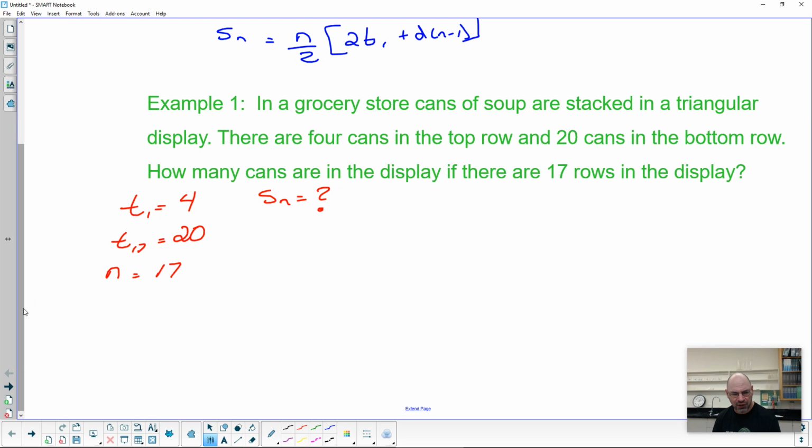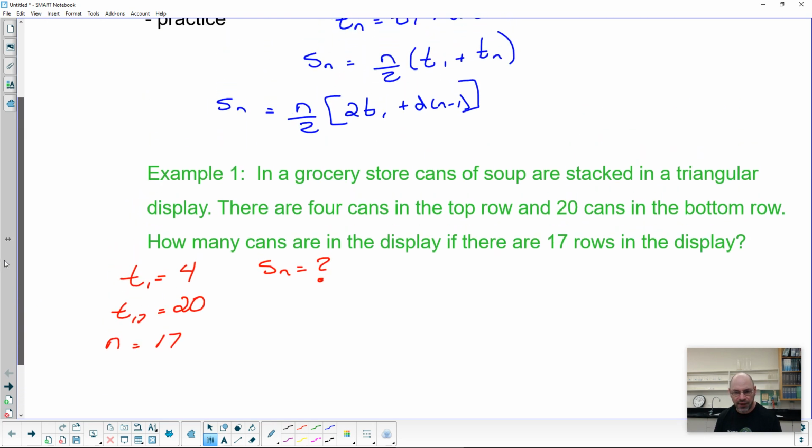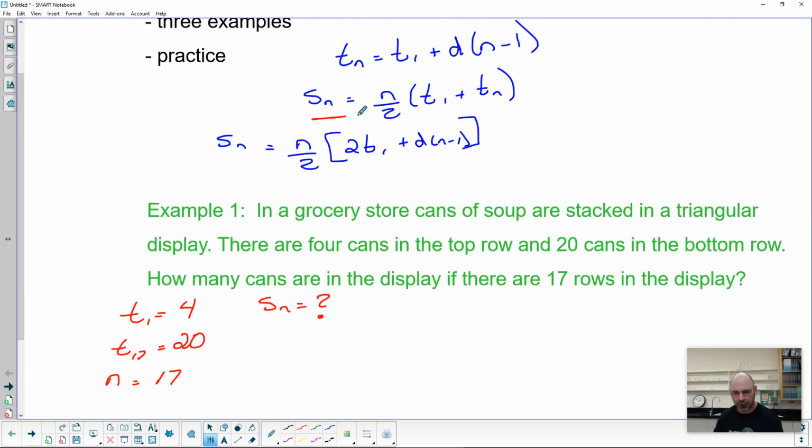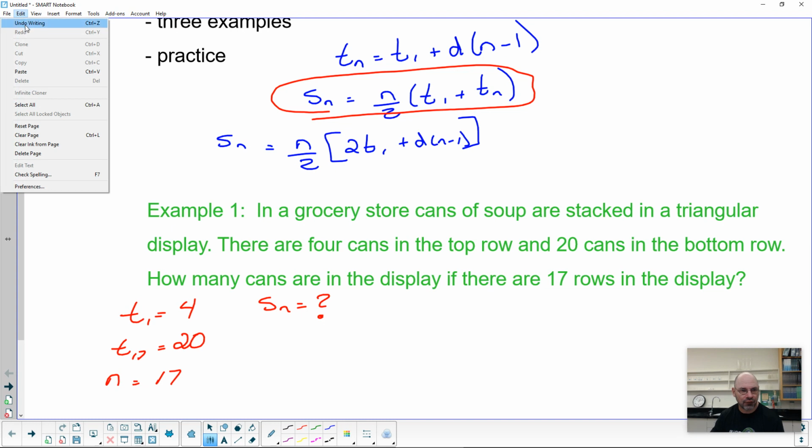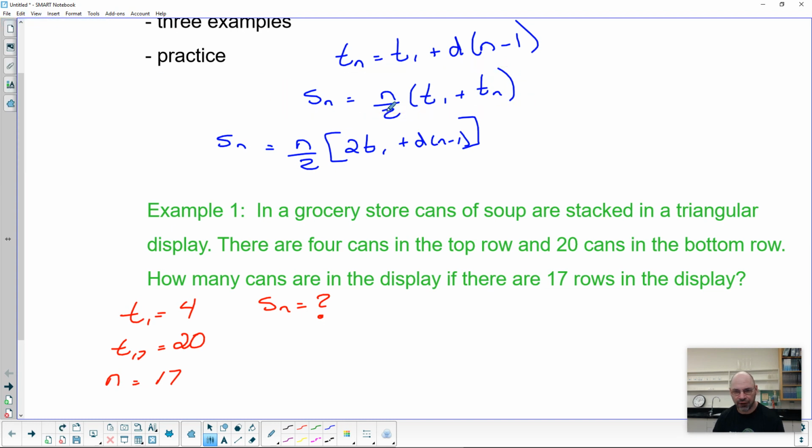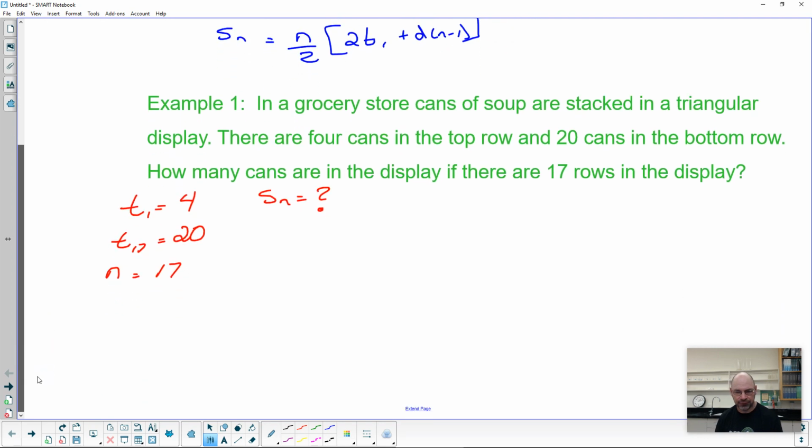If we look at our equations at the top here, we can get away with using this one right here, because we have the final, we have the initial, and we have the number of rows. You don't have to know anything about how the rows are stacked or changing because we don't need it in this particular case.